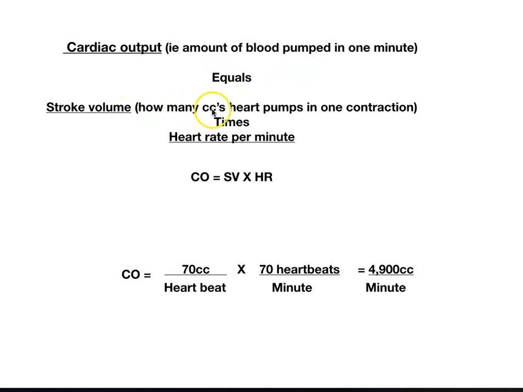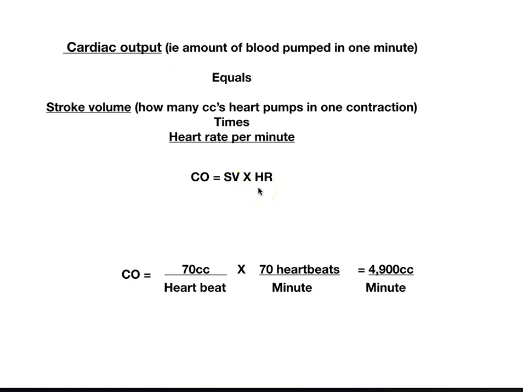That's how many cc's the heart pumps in one contraction. We already said that was 70 cc's times the heart rate per minute. What is the heart rate? We're talking about, on average, the heart rate at rest. So if you're just sitting there and you take your pulse and you check your heart rate for a minute, that's going to be your heart rate.